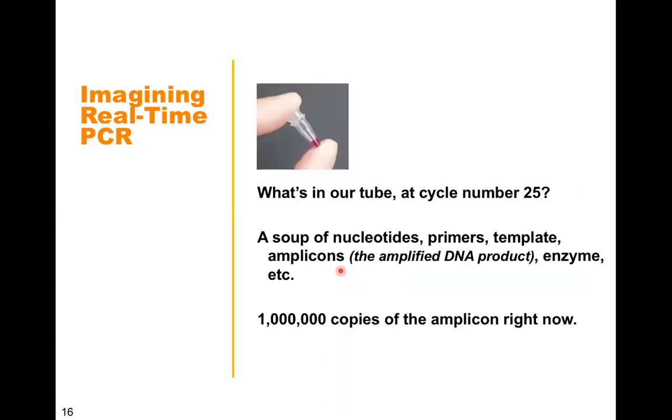Let us see this. For example, at cycle number 25, we have a soup of all the things: nucleotides, primers, the amplicon, everything, because we have put all these in the tube. And at the end of 25 cycles, we have 10 lakh molecules.